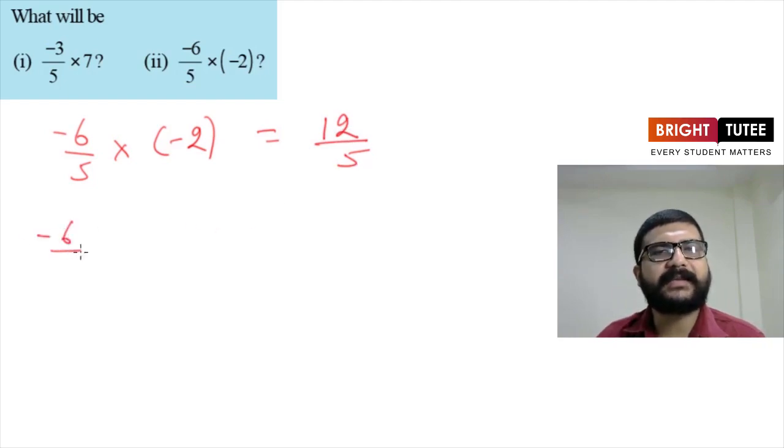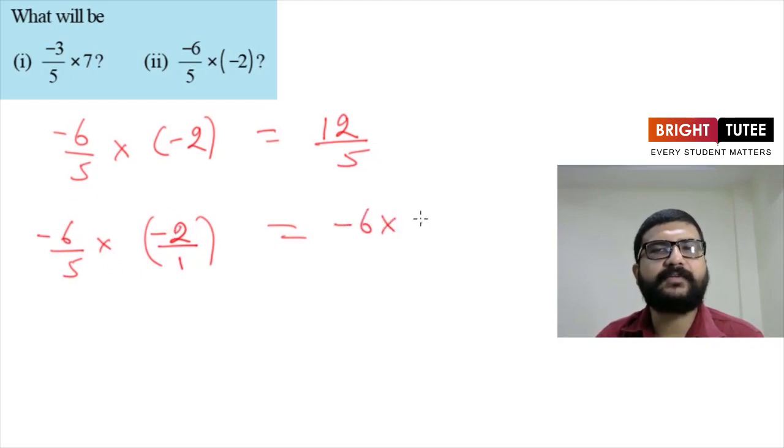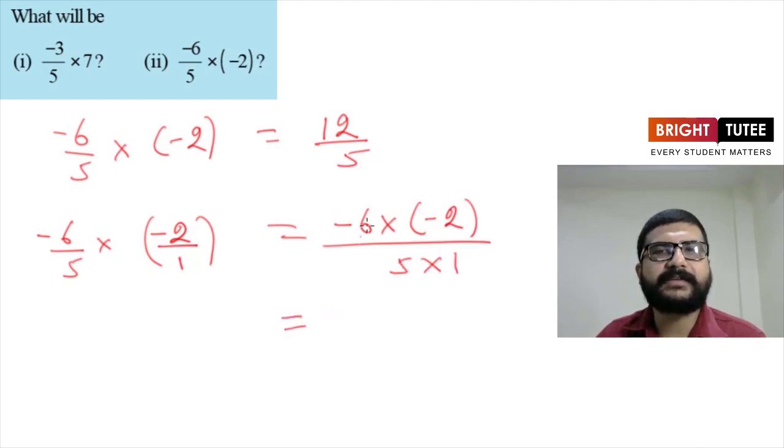Now let's try this: minus 6 upon 5 into minus 2 upon 1. What we will get from here, we have to multiply numerator with numerator, that is minus 6 into minus 2, upon 5 into 1. Now minus 6 into minus 2 means 12, upon 5 into 1, that is 5.